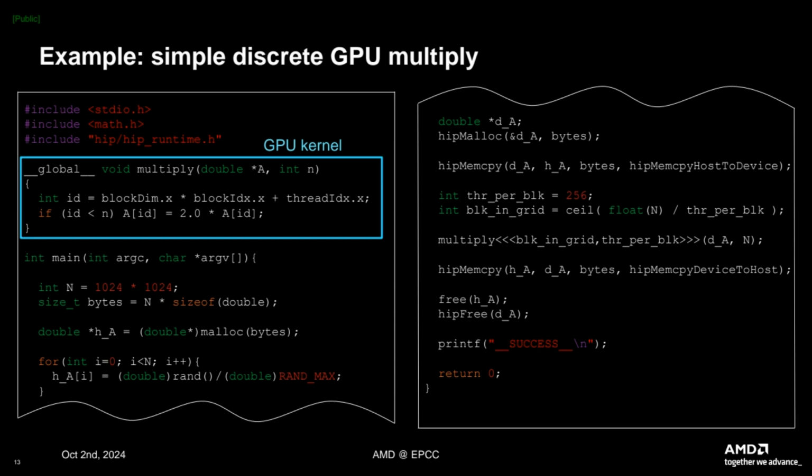So this is just a simple kernel that would take an array and basically multiply each entry of this array by 2. So I would like to direct your attention to this int id definition here, which is exactly what we have discussed in the previous slide with the 1D grid.